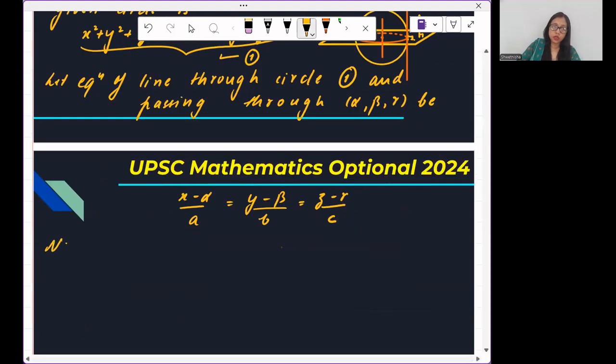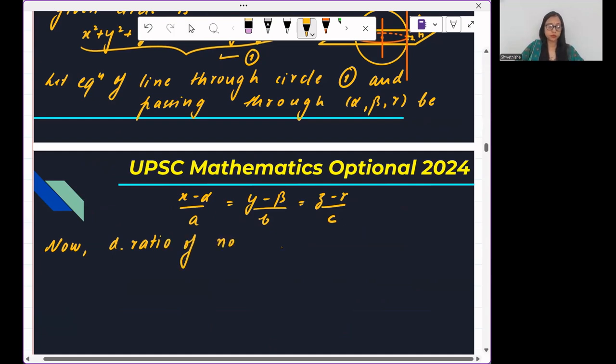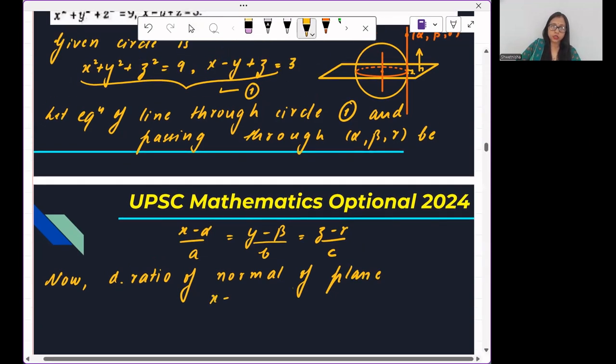Now, the direction ratio of the normal of the plane x minus y plus z is equals to 3 is 1, comma, minus 1, comma, 1.